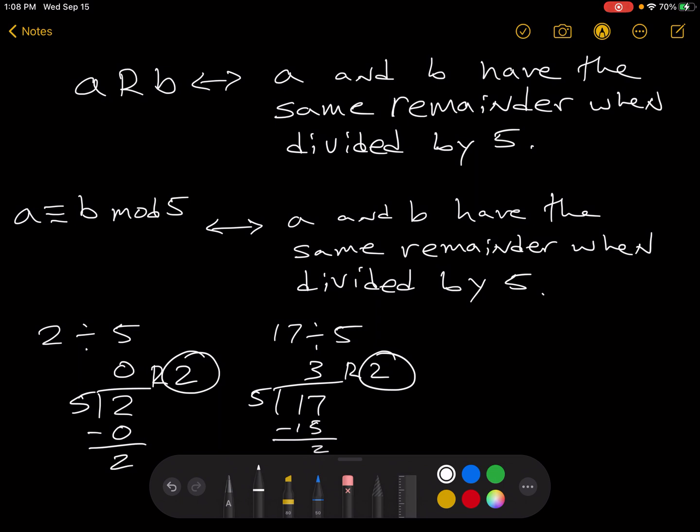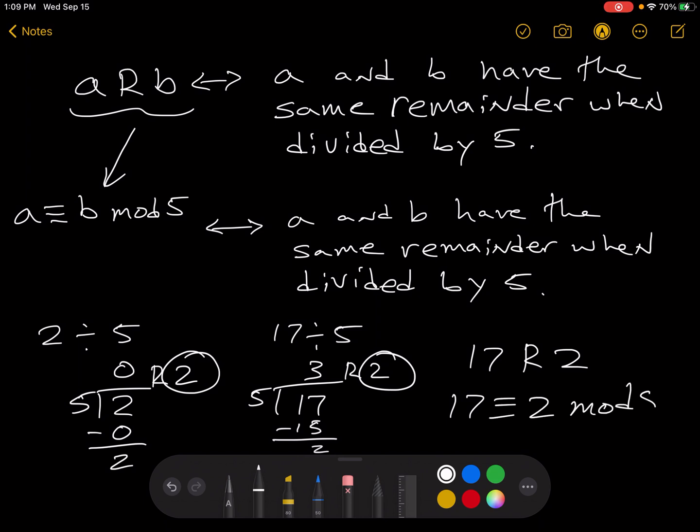So that means that 17 is related to 2. Now remember that we can write it like this. So that actually means that 17 is congruent to 2 mod 5.